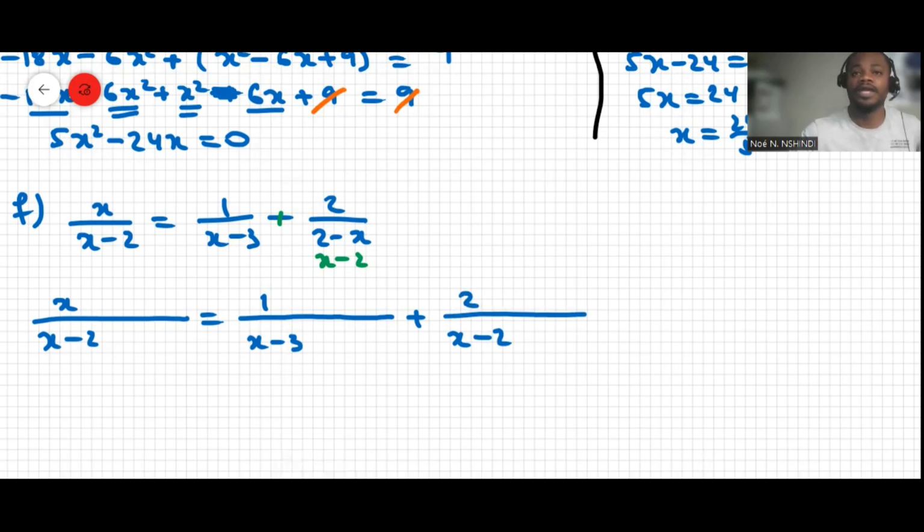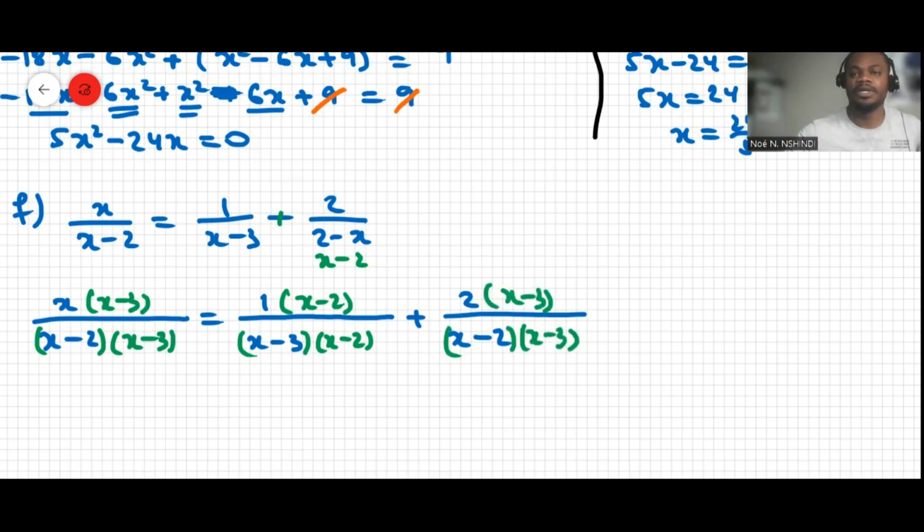Now we need to find the LCM for the denominators. So this will be x minus 2, x minus 3 there, and then x minus 3 there. And then there x minus 2, and x minus 2 there, then x minus 3 over there.